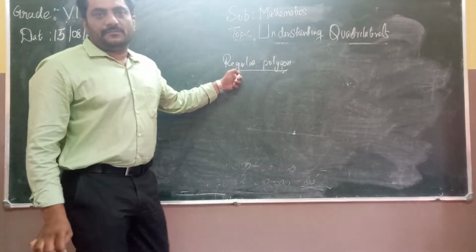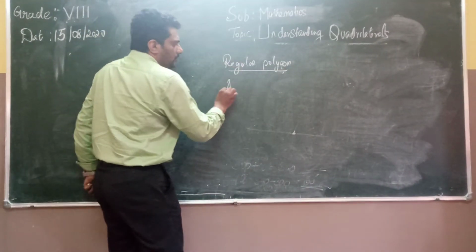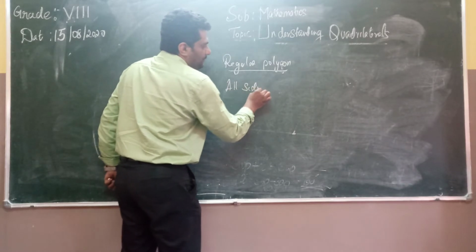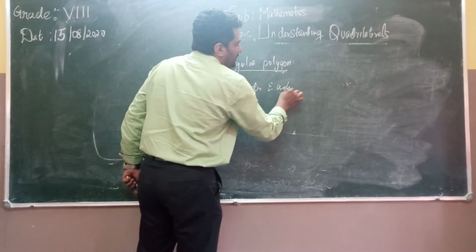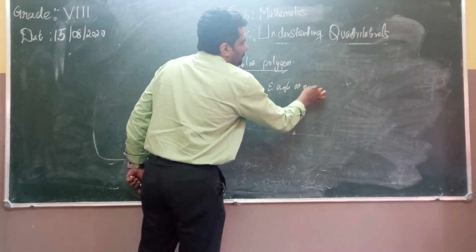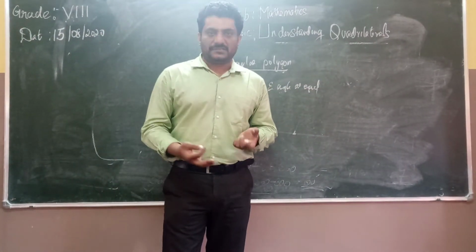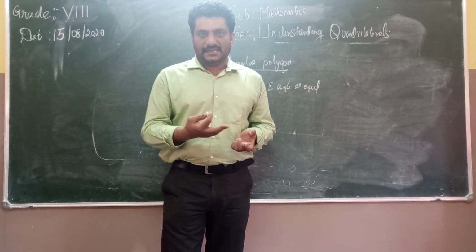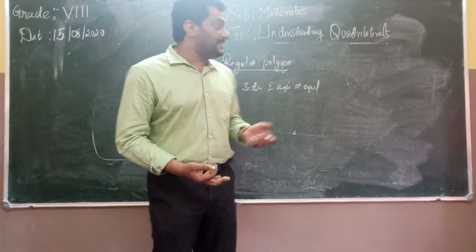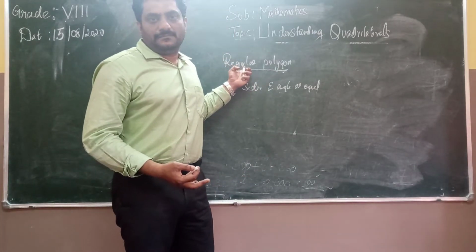The meaning of regular polygon is all sides and angles are equal. In a given polygon, for example in a triangle, if all the sides are equal and all the angles are equal, then it is said to be a regular polygon.